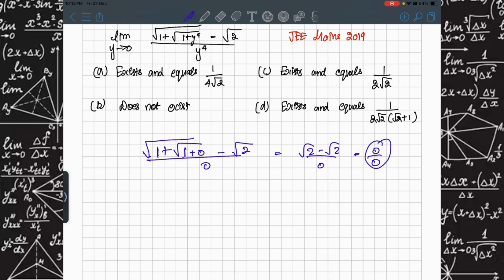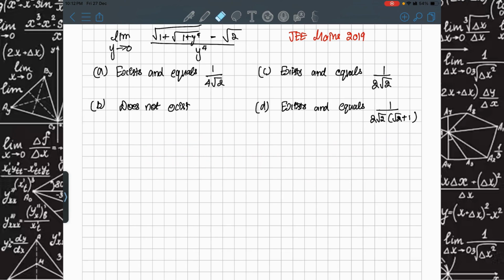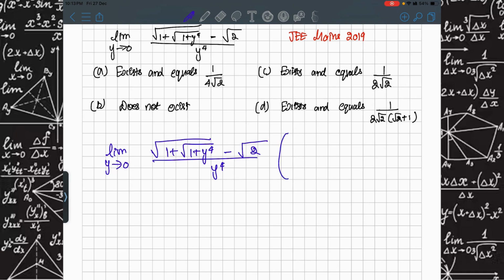The first step which I'm going to take is to rationalize the numerator. So limit y tends to 0, root of 1 plus y power 4 minus root 2, divided by y power 4. Here I'm going to rationalize it.